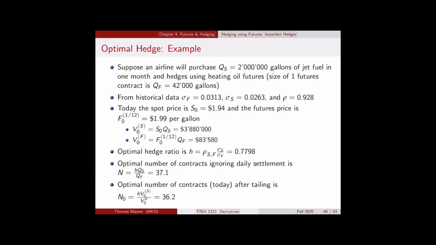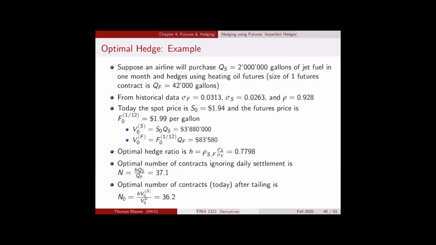From the historical data, we see that the standard deviation in heating oil futures return is 0.0313, the daily standard deviation in jet fuel prices is 0.0263, and the correlation between daily jet fuel and heating oil futures prices is 92.8%, which is very close to 100%.